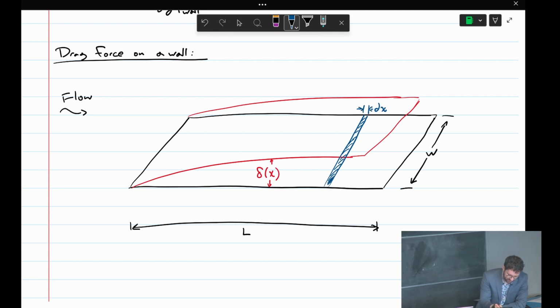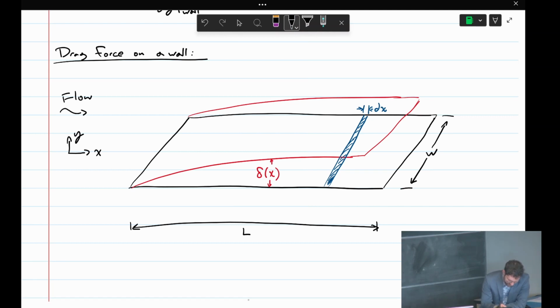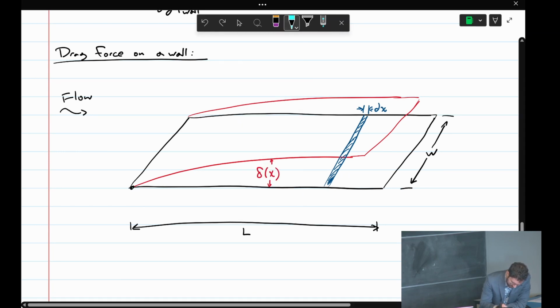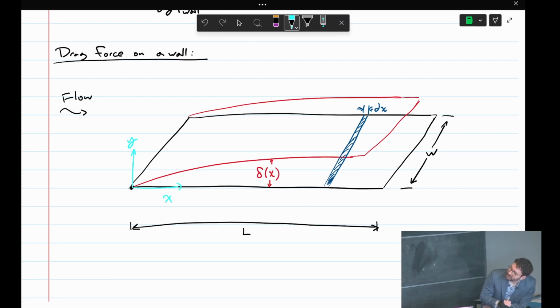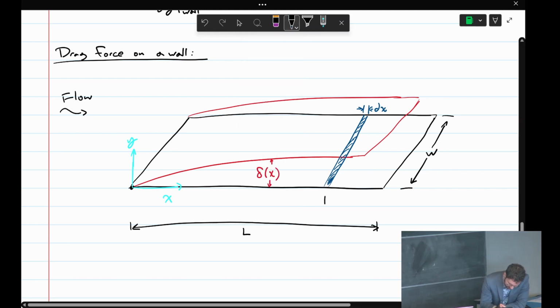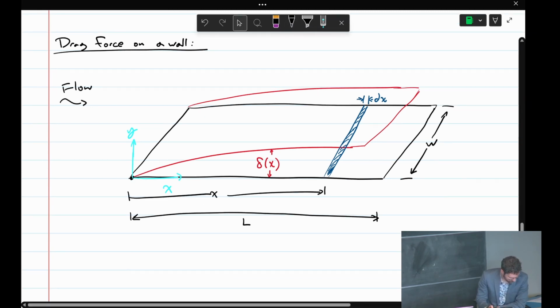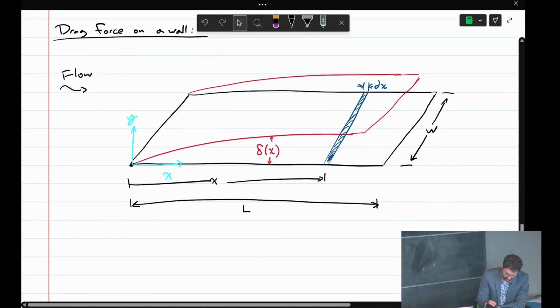So that is dx long, where I'll draw our coordinate system, X and Y. Actually, the coordinate system is defined in the flat plate relations using the front of the plate as 0, so it's defined from here. So Y and X. The X location of this will just be X.